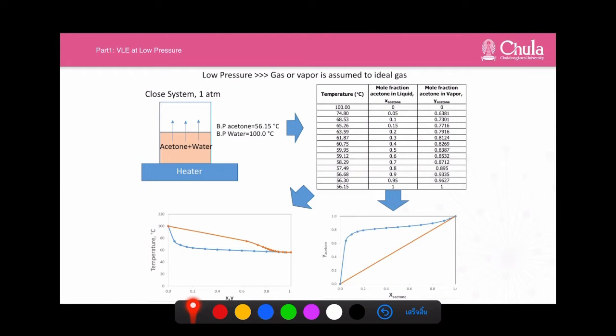So it's better if we formulate these data as a model, and we can use this model to predict the relationship between vapor and liquid at some point around this point.